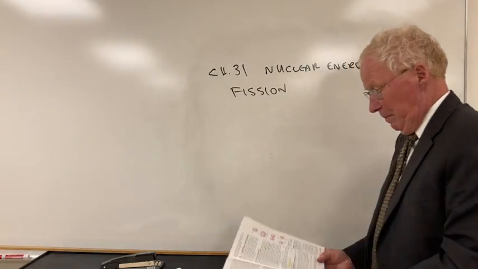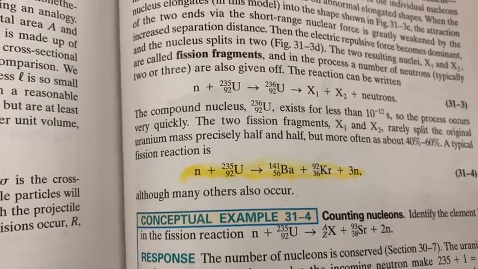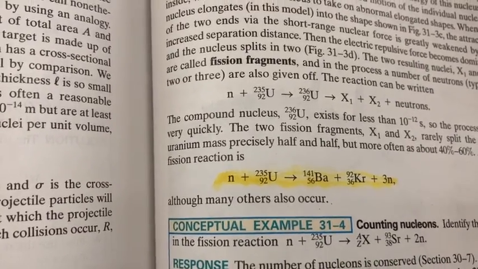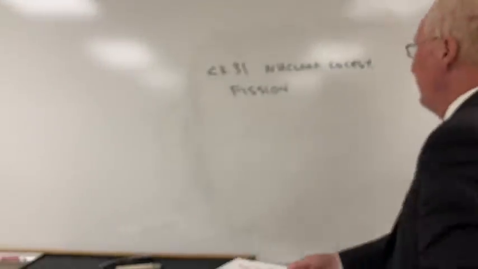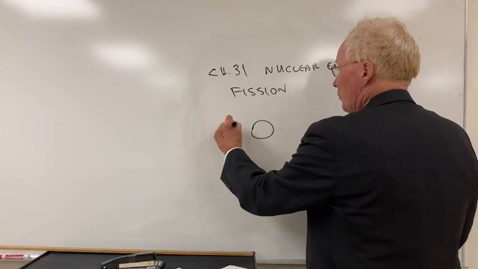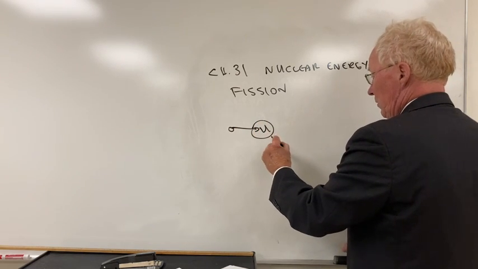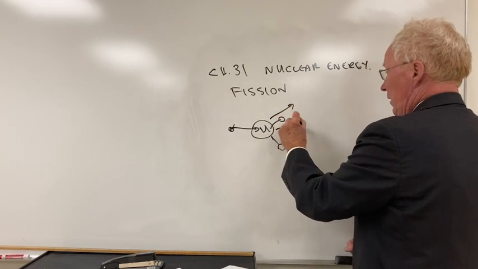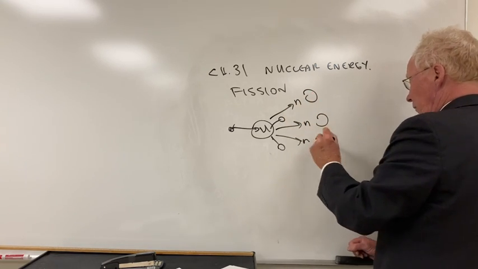I'll just show you, there are so many numbers, it's kind of detailed, but again, for a fission reaction, a neutron strikes a uranium-235, which produces barium and krypton, and 3 neutrons. So as we talked about already, 1 neutron hits uranium, which splits into particles, but more importantly, produces 1, 2, 3 neutrons, which can hit other uranium.